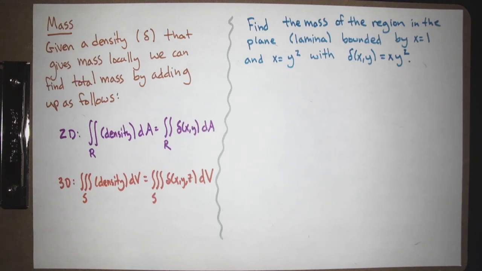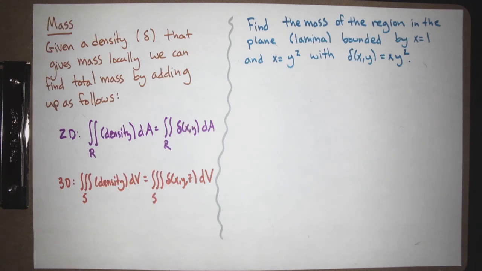Now, when we talk about density, that's mass per unit. So it might be mass per area if you're in 2 dimensions, it might be mass per volume if you're in 3 dimensions. So if you have a simple shape, constant density, easy. What if you don't? What if you have a density which is varying? What if you have a shape which is weird? Then integration can help a lot.